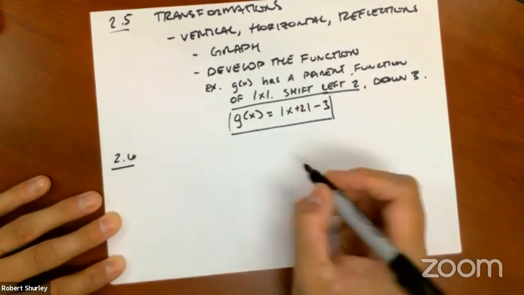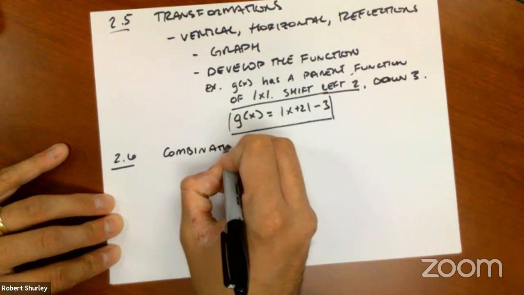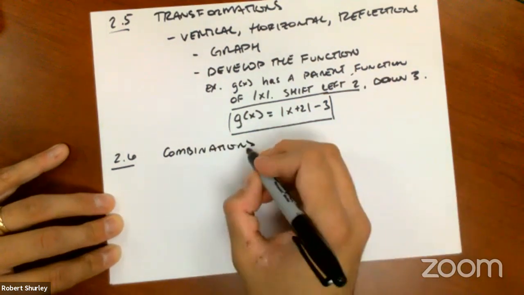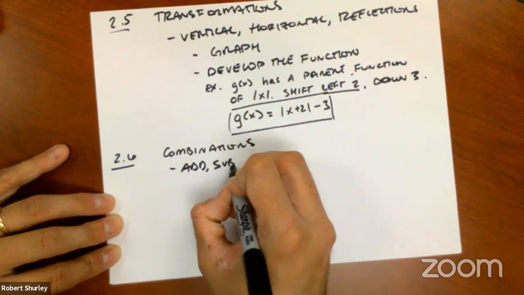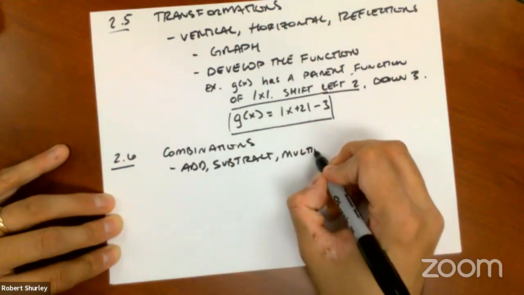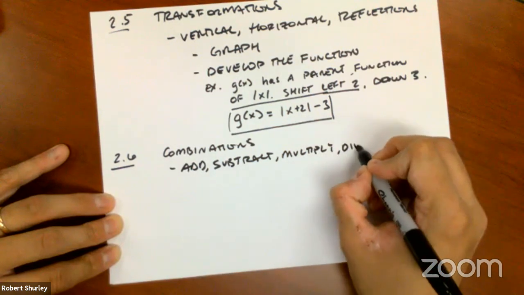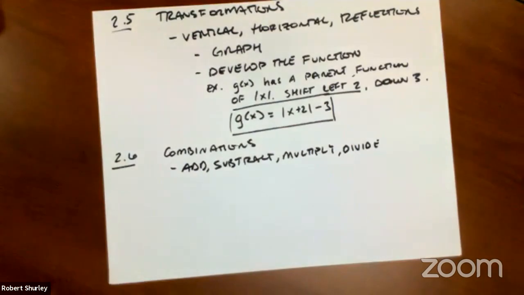2.6 was first over combinations. So combinations of functions. This was add, subtract, multiply, and divide. Okay, look, don't get these wrong. These are kind of the easy questions.